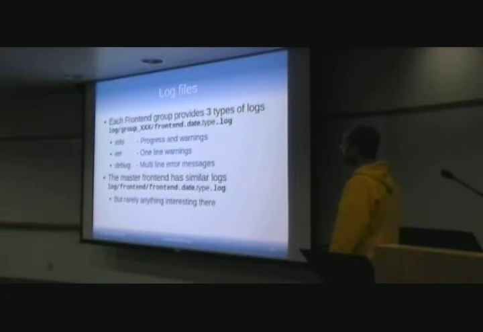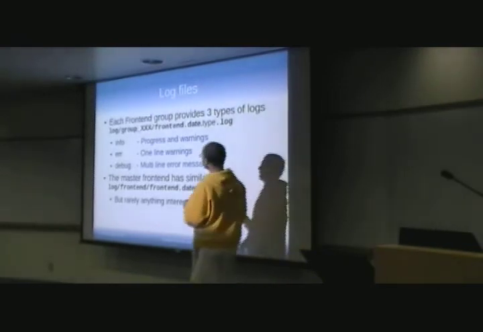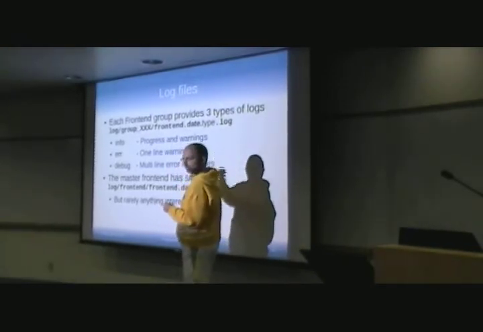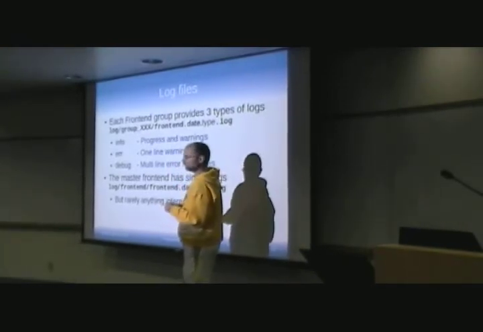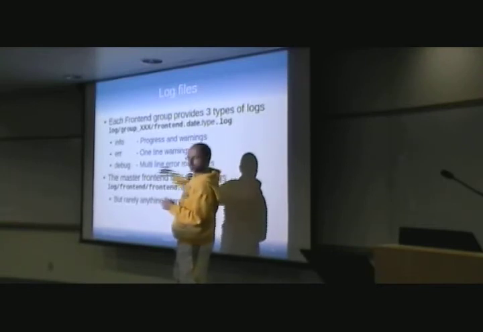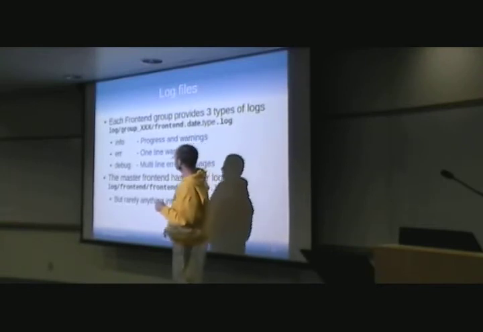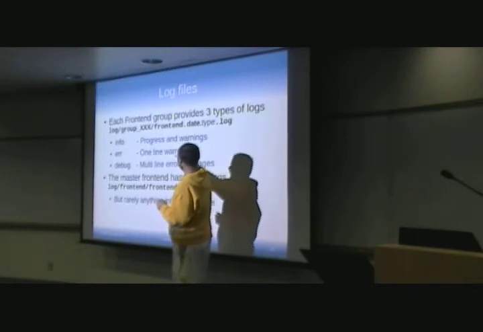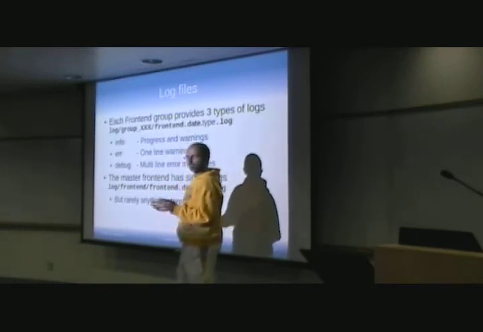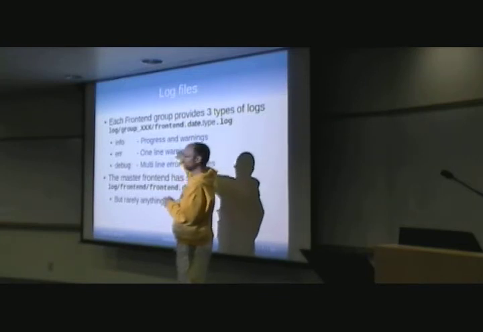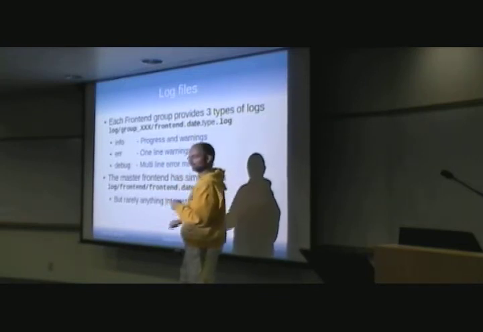Now the log files, this is really where you want to see what's going on with the frontend itself, not with the pool. The info log will have the progress and warning messages. So when you want to see what's going on, this is where you start. The error log will have just the one-line warnings. So if you want to have a terminal open with tail -f and just see if any new error messages are coming in.